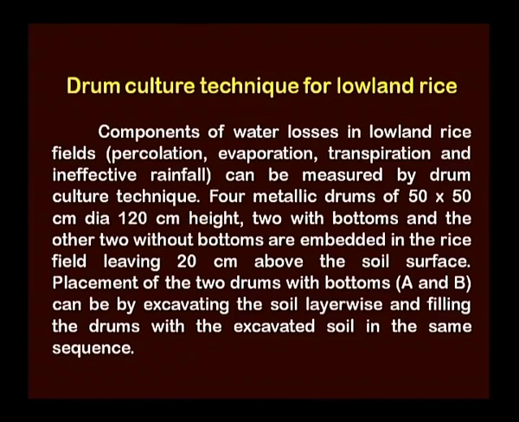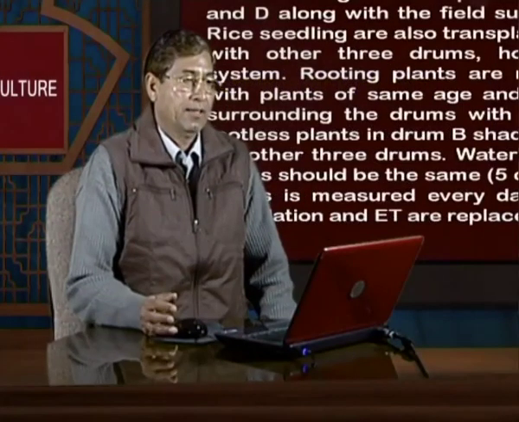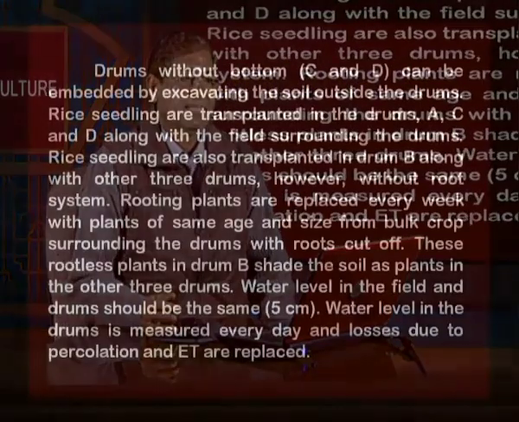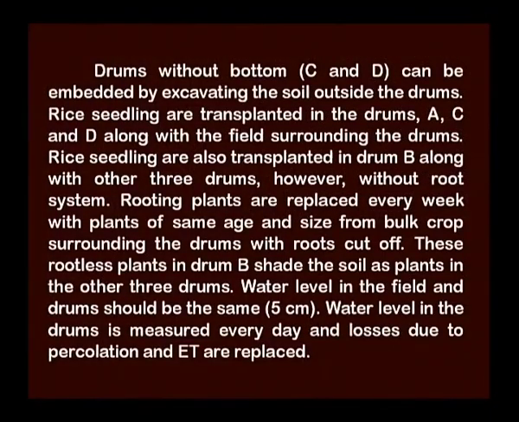Placement of the 2 drums with bottoms, that is A and B, can be by excavating the soil layer wise and filling the drums with the excavated soil in the same sequence. Drums without bottom, that is C and D, can be embedded by excavating the soil outside the drums.